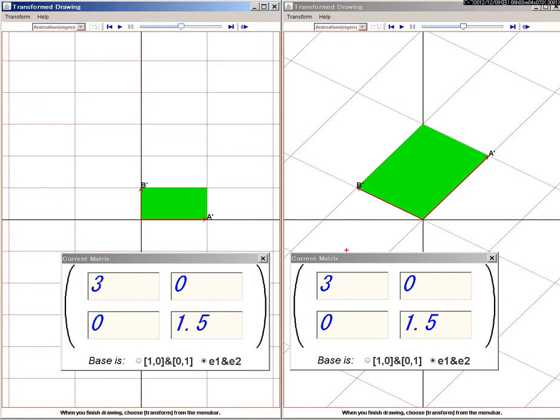These matrices are a representation by E1 and E2, which means this 3, 0 means E1' equals 3E1 plus 0E2.